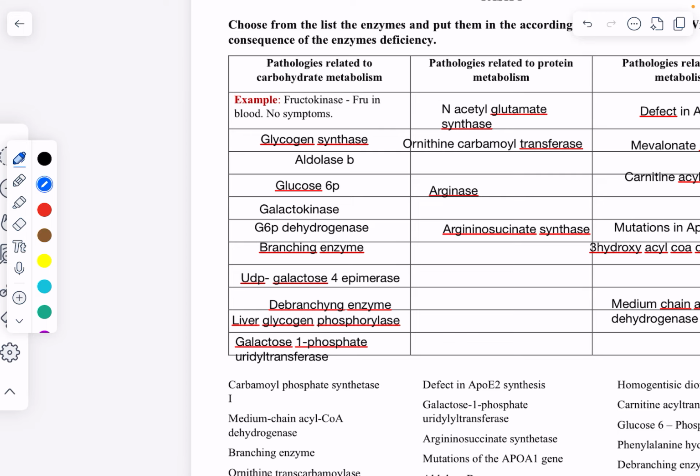But if you have a deficiency in aldolase B, this means that when you eat fructose, you will be able to break it down to fructose 1-phosphate. And even if you eat a high amount of fructose, you will get a high accumulation of fructose 1-phosphate because you can't break it down, since you have a deficiency in aldolase B. So this will irritate your system and you could start vomiting, get abdominal pain, and also severe hypoglycemia because you can't really use sugars to create energy.